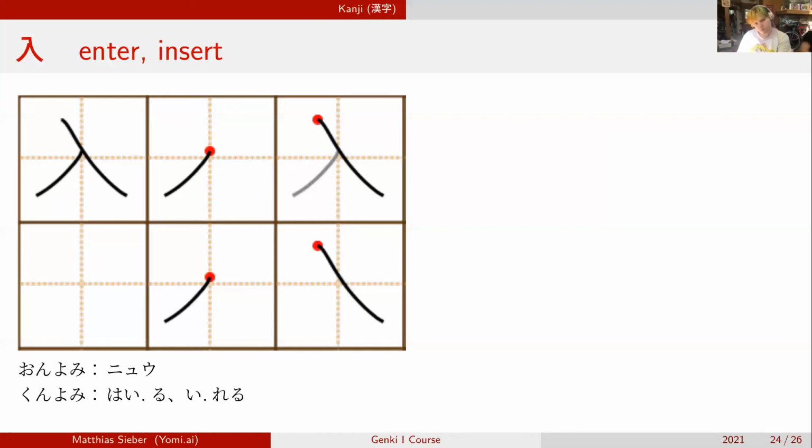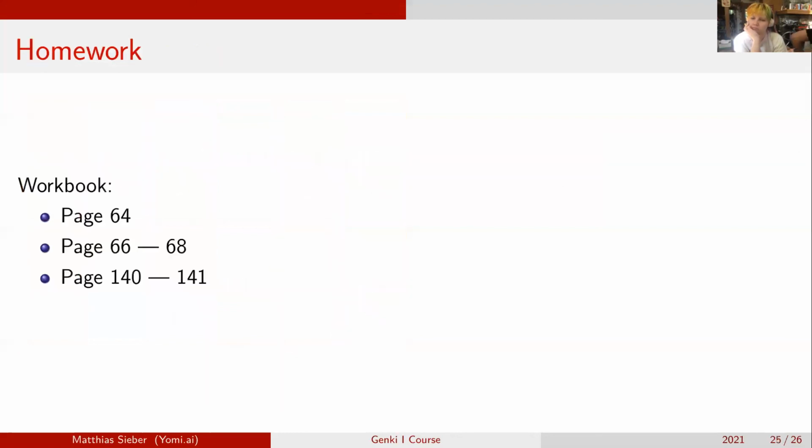We have nyu. Nyusha. I believe that nyusha should also be at the end in the kanji section of Genki. And I think that's it.